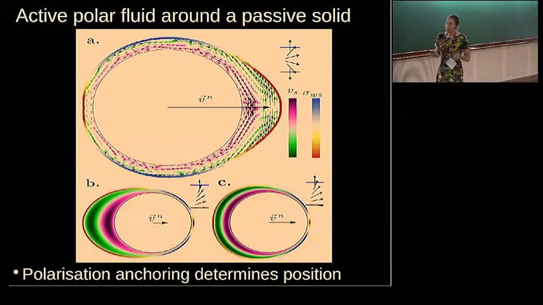And what I wanted to highlight here is that our results depend crucially on the polarization anchoring that we put in. So we put anchoring of the polarization at both our boundaries. We have an inner boundary, which is the boundary with the model nucleus, which I should hasten to say is just a solid sphere that's rigid. There's no model for the nucleus in this.